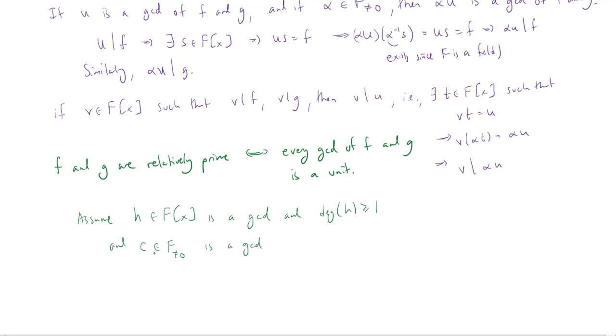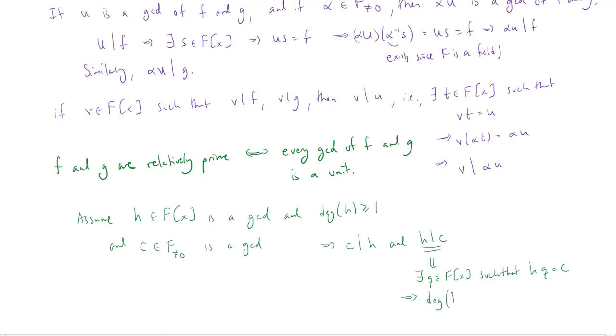Well, because H and C are both GCDs, we know that they divide each other. So this implies C divides H and H divides C. Now let's use the second one. This implies that there exists some polynomial q in F[x] such that H times q is equal to C. Because F is a field, we know F[x] is an integral domain, so we can use the degree formula.